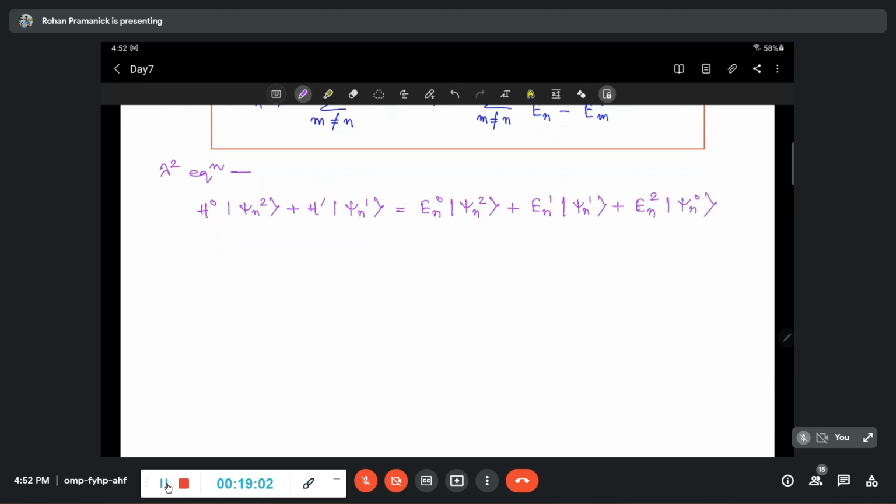So this was our usual expression. You have to somehow get rid of all those unnecessary things and find out what En2 is. This is our required quantity.